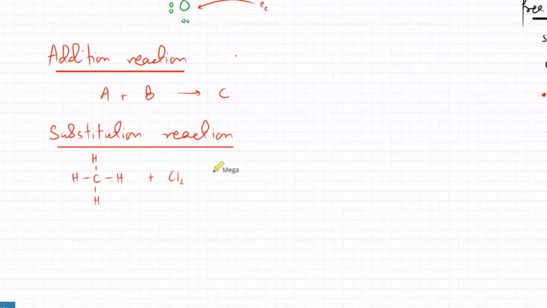If I have this, the CH4, one of the H will get substituted. So it will become CH3Cl, plus HCl is formed. So the hydrogen is getting substituted with what? With Cl.